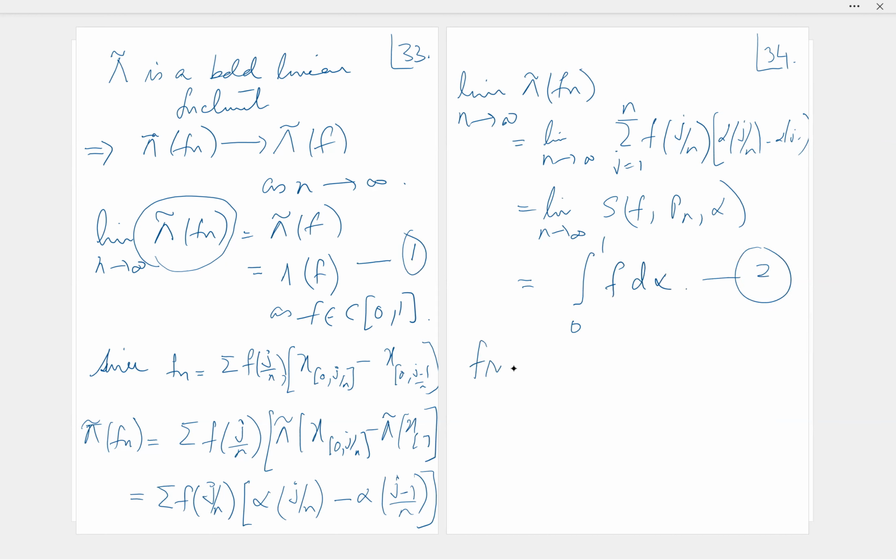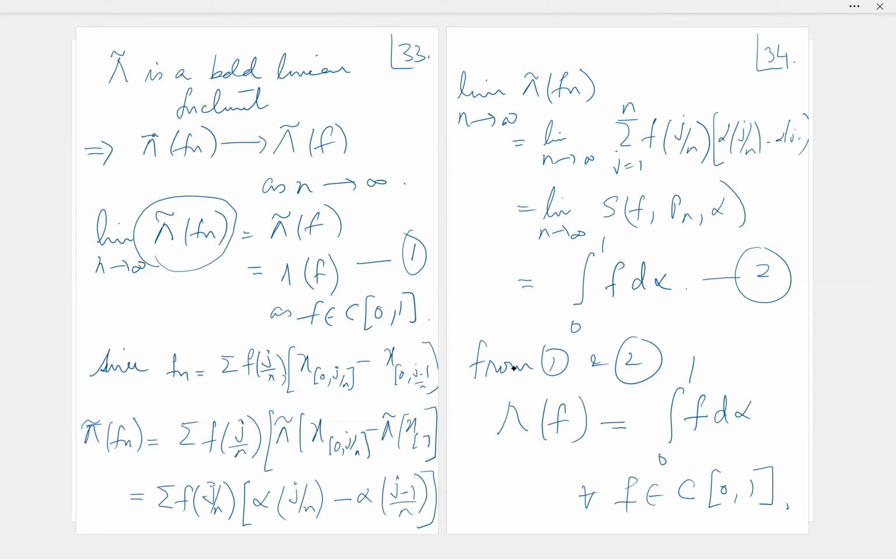And from 1 and 2 now, we are able to realize this linear functional we started with as an integral. We represent it as an integral, at least for all the functions which are in C[0,1]. Okay, so that brings us to the end of this theorem, which is just the Riesz representation theorem for C[0,1].